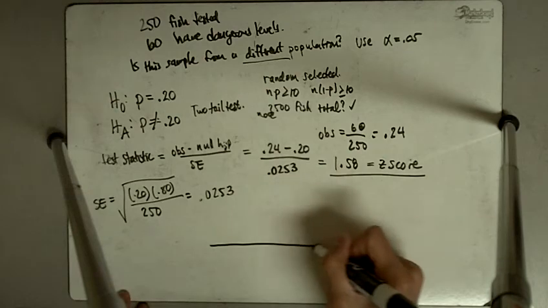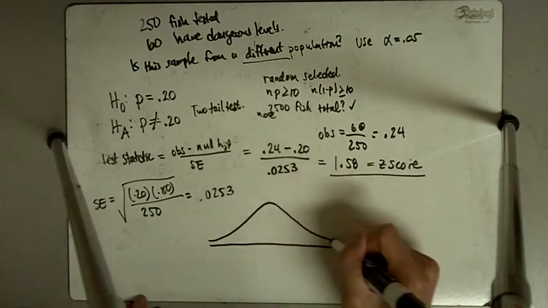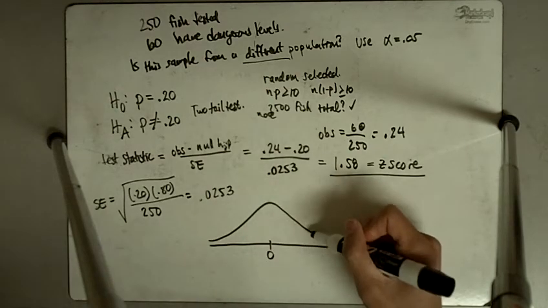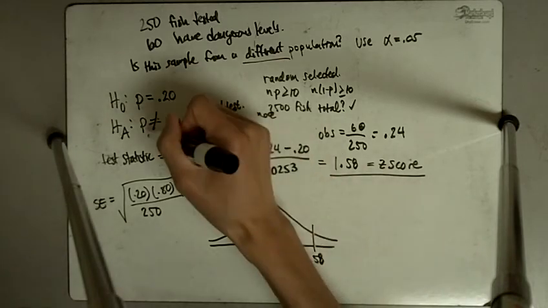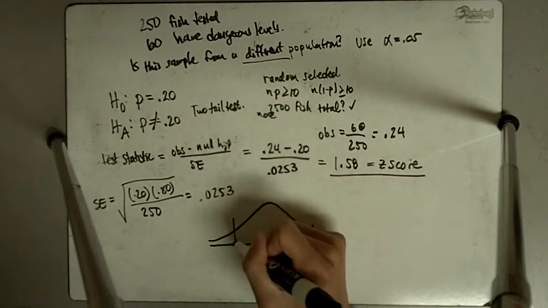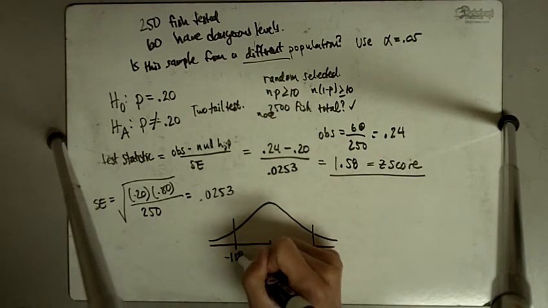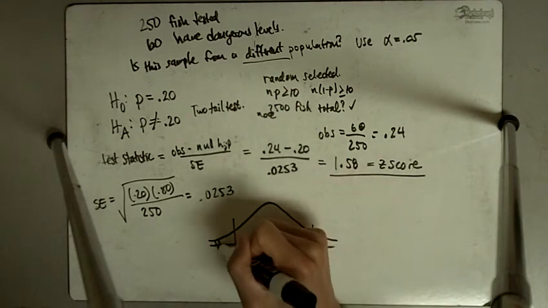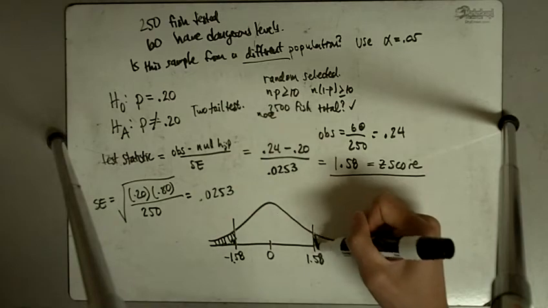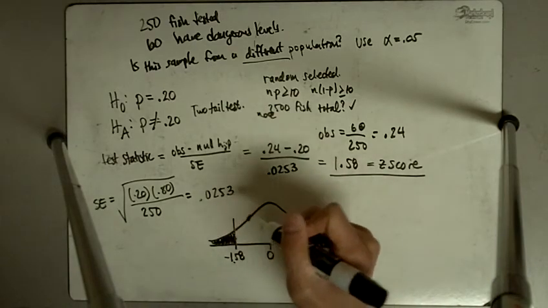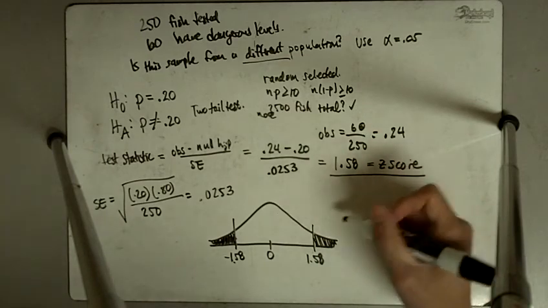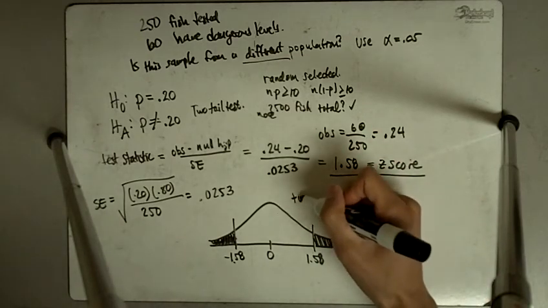If I draw my picture centered at 0, I have a cutoff at 1.58, and it's a two-tailed test. Two-tailed means I also look at negative 1.58, and I double the area in one tail to get both tail areas.